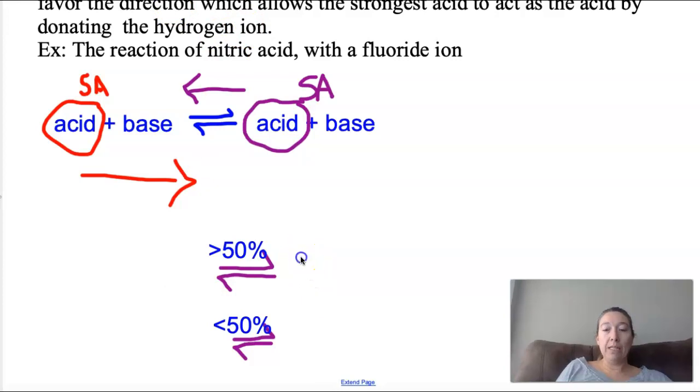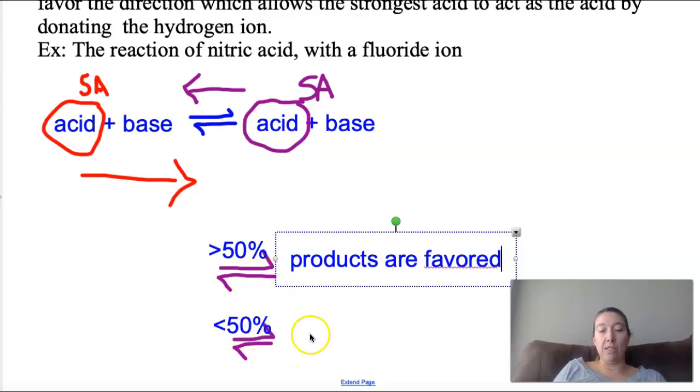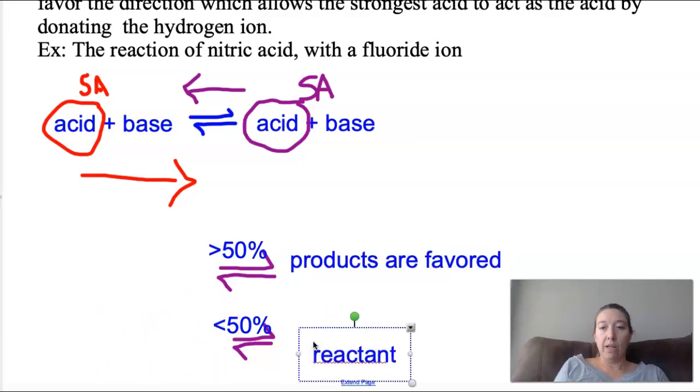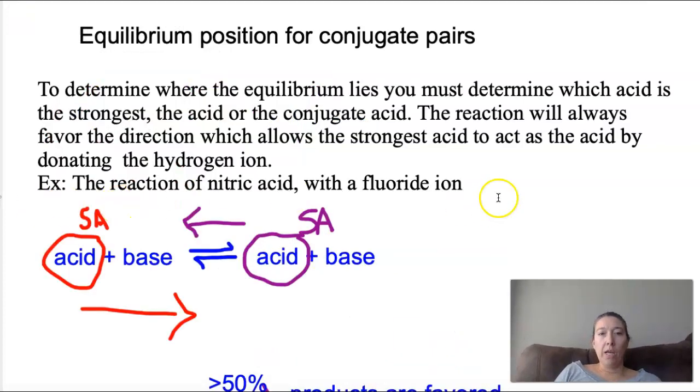So that's basically telling me that products are favored, and I have more products at equilibrium. If it says less than 50%, this means I have more reactants than I have products, so it is going to be reactants favored. I know there's an example here, but there's a bunch of diploma examples, so we'll just look at those instead to give you a feel for this.